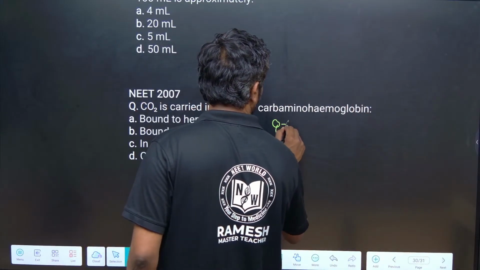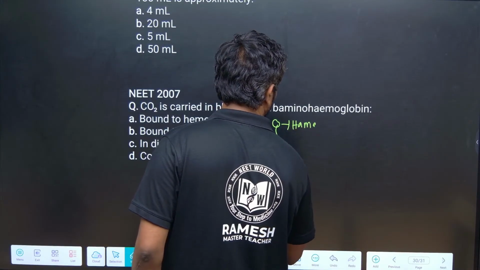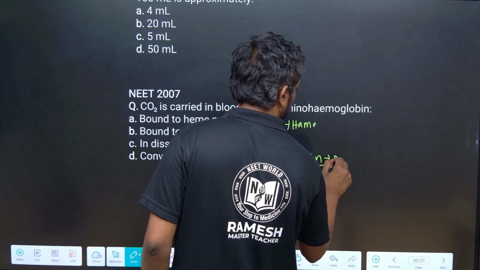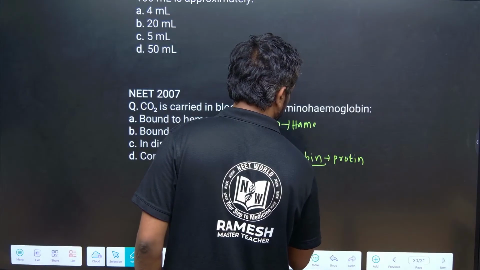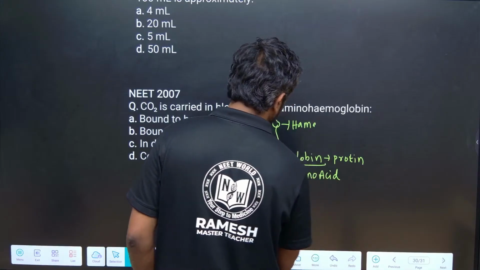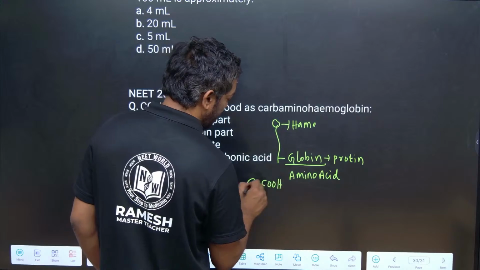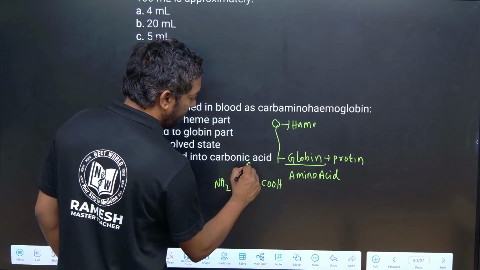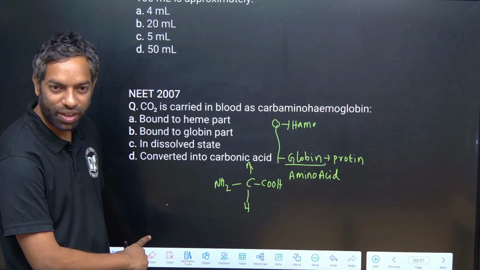Head part is heme, tail part is the globin chain. Globin is nothing but protein. Protein is nothing but amino acids. Amino acid common formula: C, COOH and NH2 and R, H. This is the amino acid common formula.